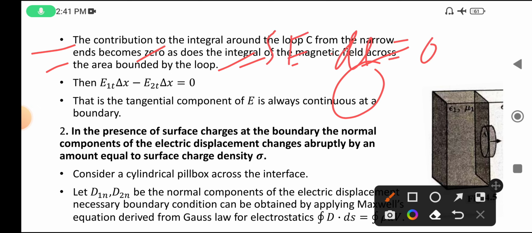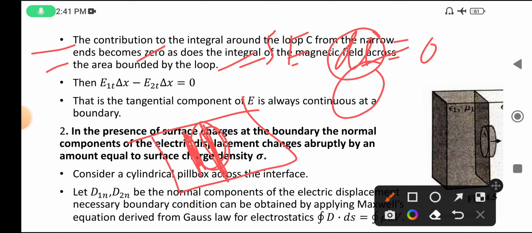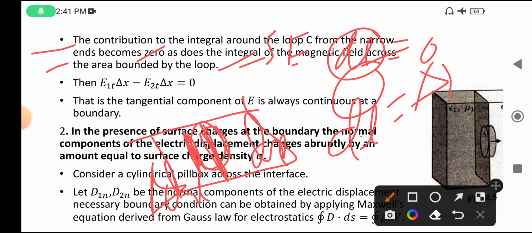Here dl is the length. If we consider one loop at the boundary, this side length is delta x and the other side length is also delta x. So instead of dl we take a small distance delta x.